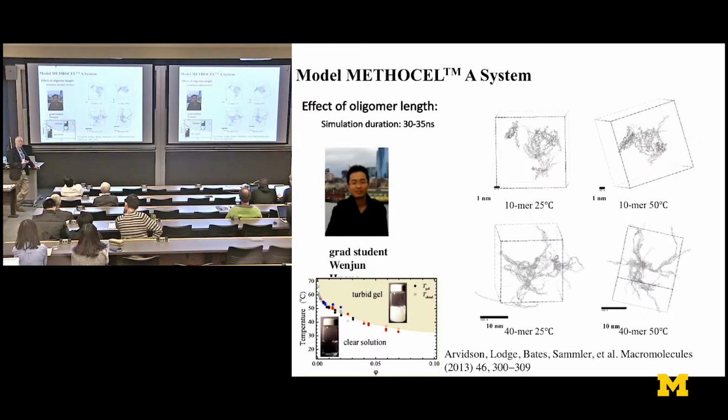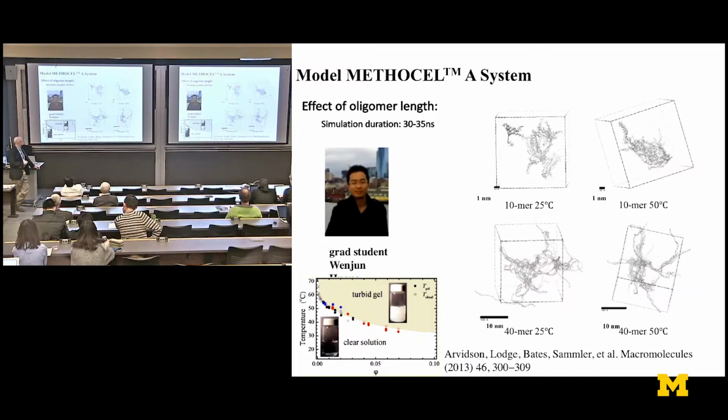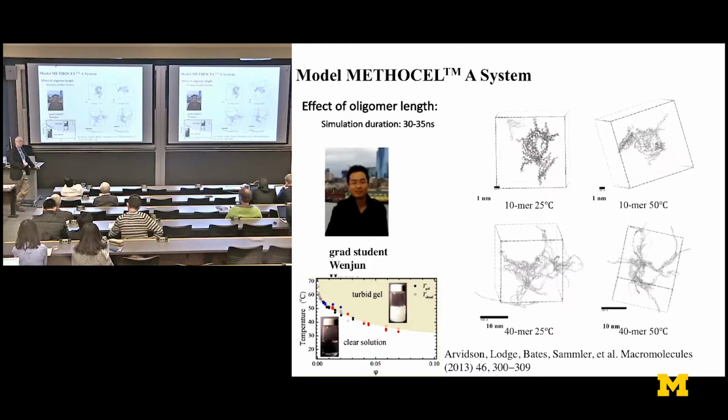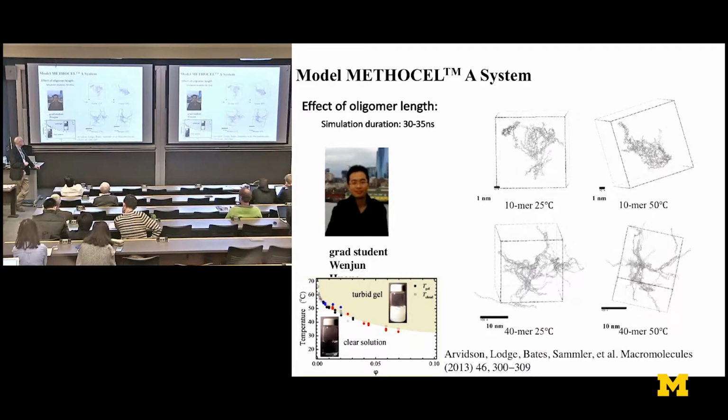If we use our typical atomistic simulations, we're simulating here oligomers of the polymer, up to 40 oligomers, which is still pretty short. The water is not shown in these simulations, but these are in water, and you can see these kind of aggregate structures that form at room temperature, and if you raise the temperature, you see some change, but not much.